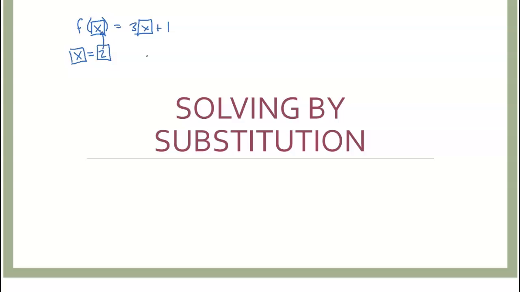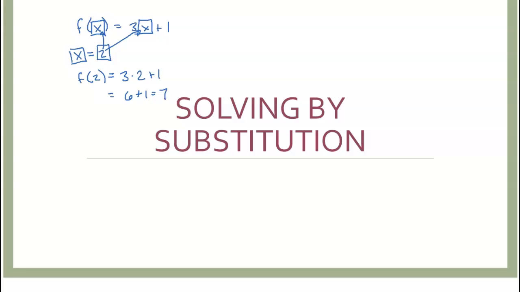So it goes in there, and it goes in there. We get f of 2 equals 3 times 2 plus 1. That equals 6 plus 1, which is 7. That is a substitution problem right there.